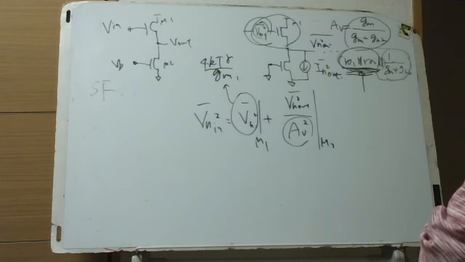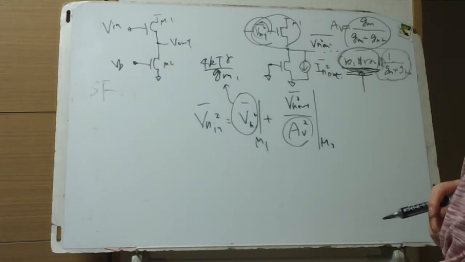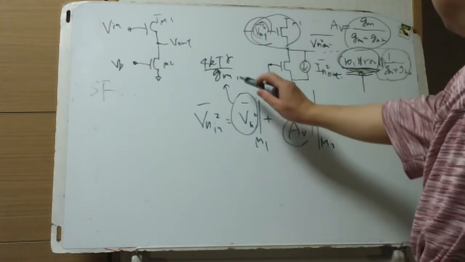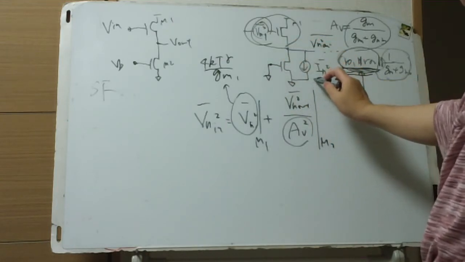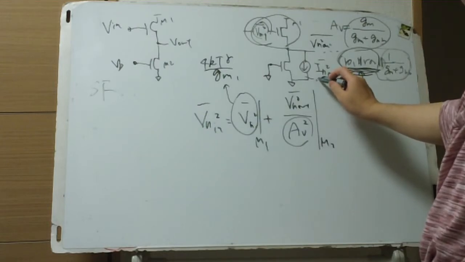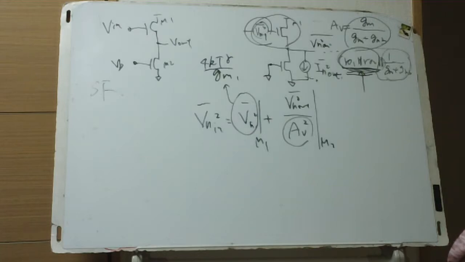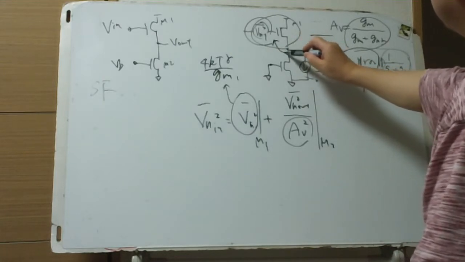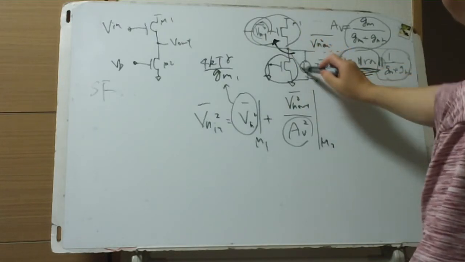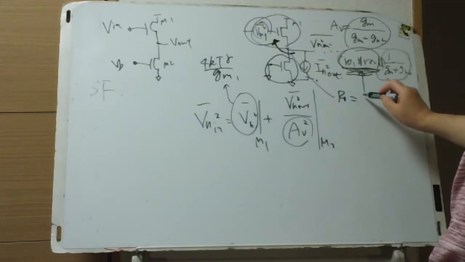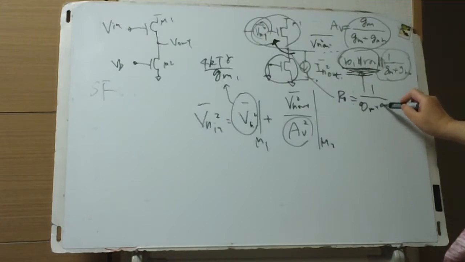But this time, I'd like to follow the textbook's method and procedure, and this is this, and this is for this, times Rout. Rout from here is just looking into here, where this is the current, and looking into here, Rout is approximately 1 over gm plus gmb.